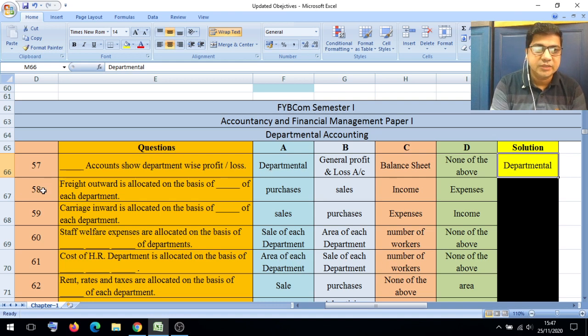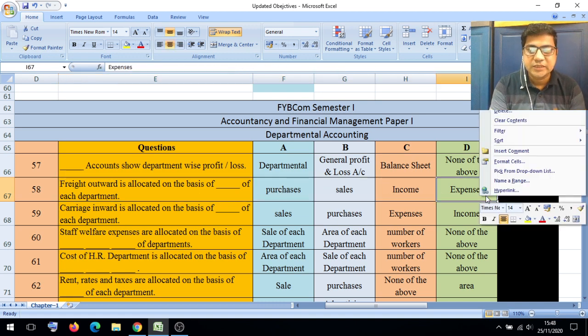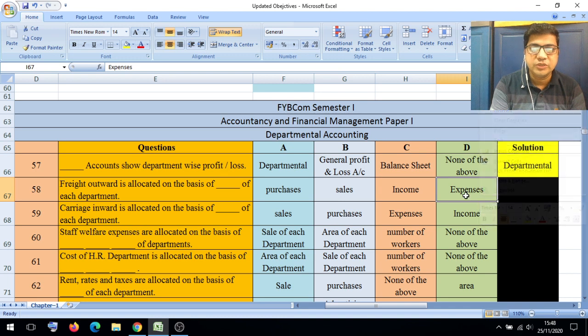Next, objective number 58: freight outward is allocated on the basis of dash of each department: purchases, sales, income, expenses. Now, what does freight outward mean?